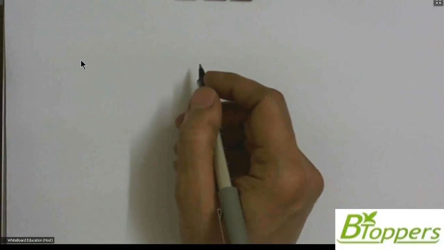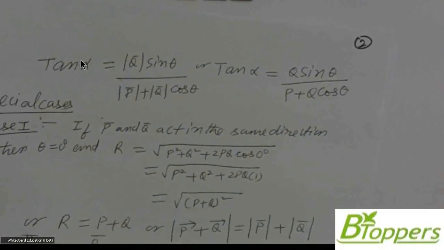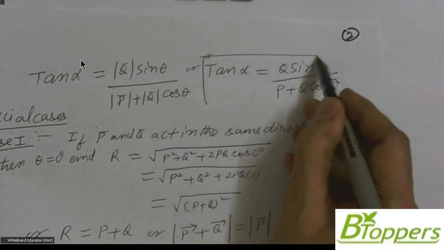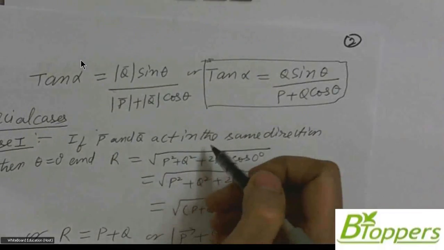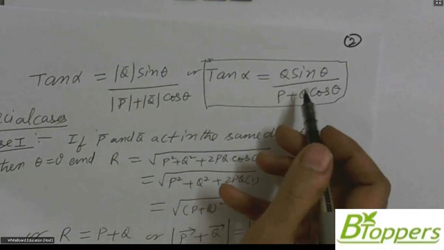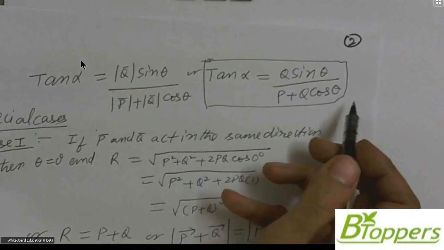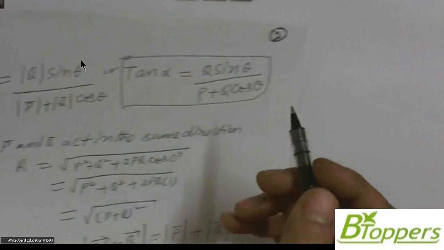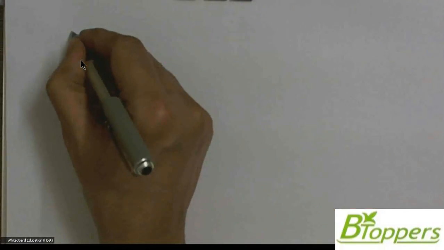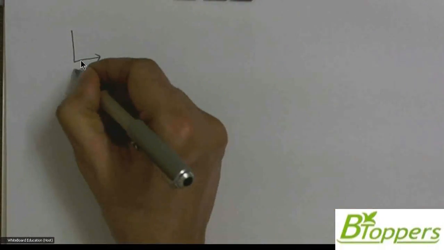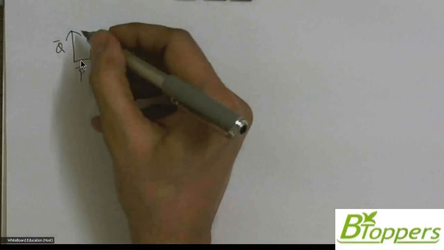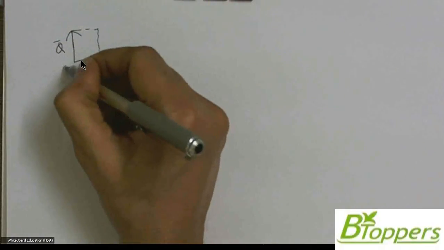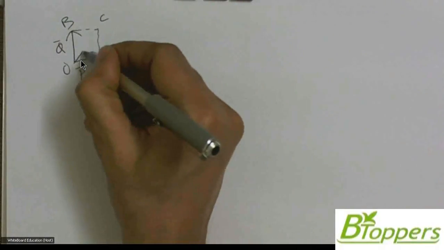As I discussed previously, if alpha is the angle made by the resultant of the two vectors with the first vector P bar, then tan alpha you can write as Q sin theta by P plus Q cos theta. So in the present case 3, P bar is perpendicular to Q bar, and theta will be 90 degrees.